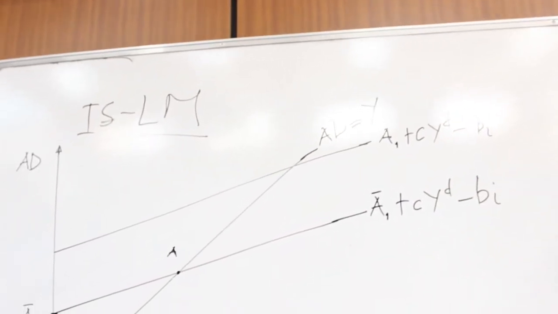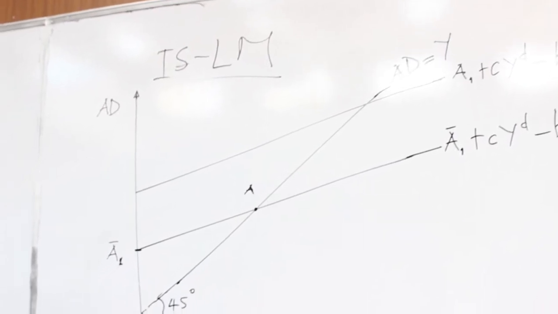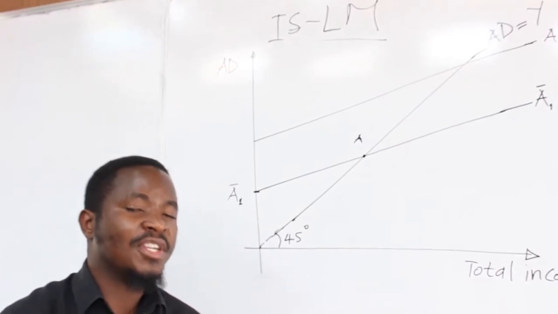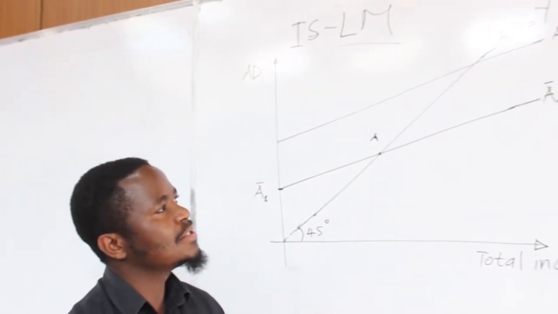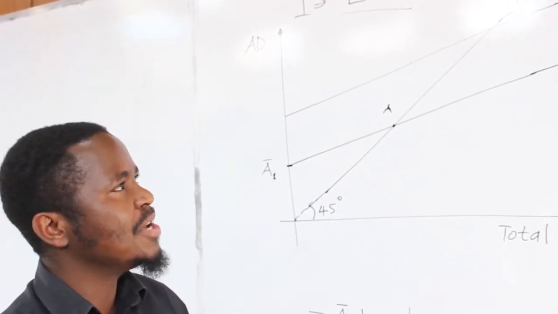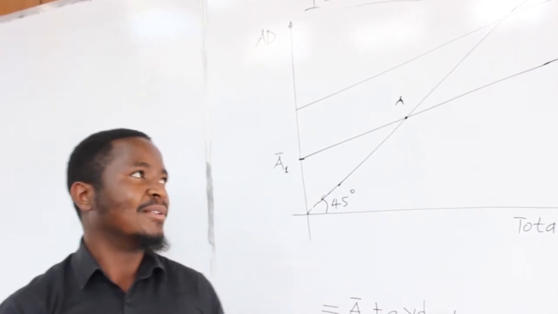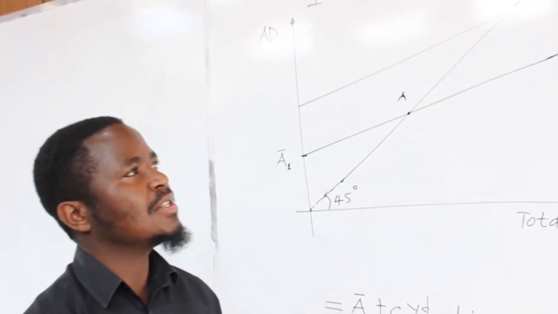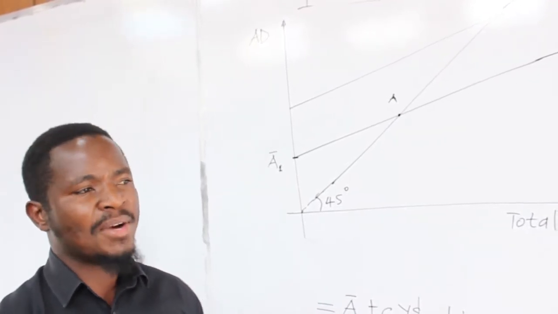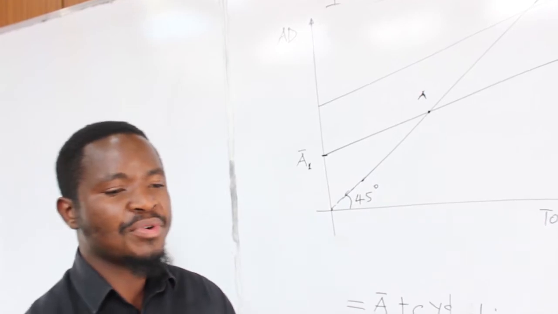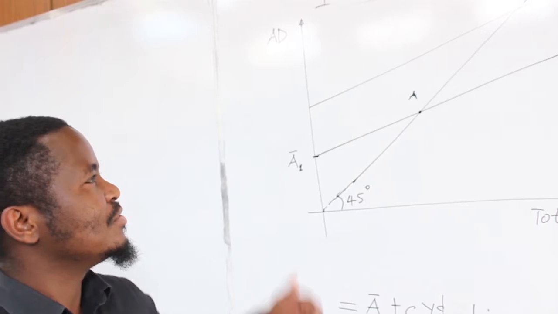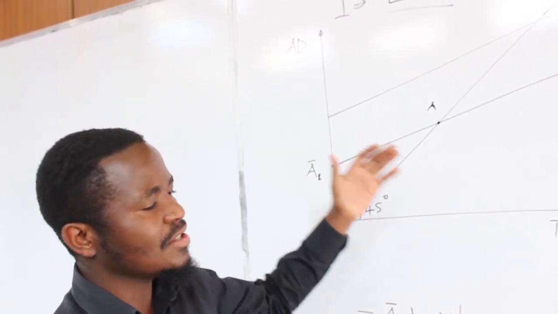So if there is an increase in government spending, which is autonomous in this case, maybe there is an increase in the budget of a nation through maybe increased salaries of teachers, salaries of our men in uniform, salaries of civil servants, or indeed due to an increase in the developmental budget, like money allocated to the construction of roads, bridges, stadiums, hospitals, that would have the effect of increasing the total output.